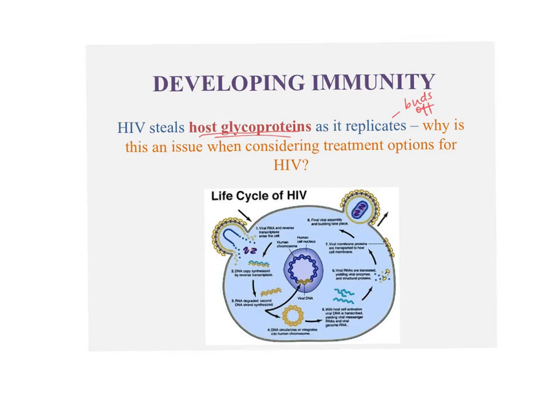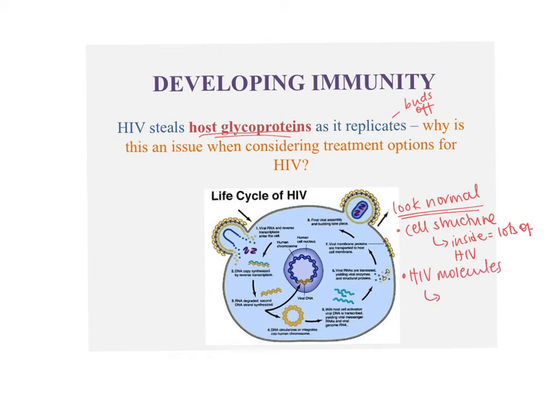So cells infected with HIV look normal. Remember, they're just going to have their normal cell structure, and inside them is where there's lots of HIV. The viral structures themselves, so the HIV molecules, steal those glycoproteins. And in doing so, they're going to be able to evade capture.